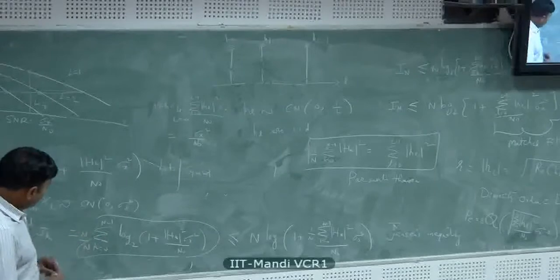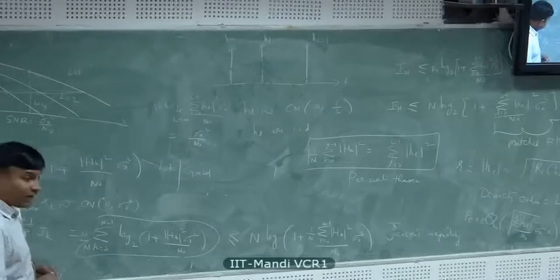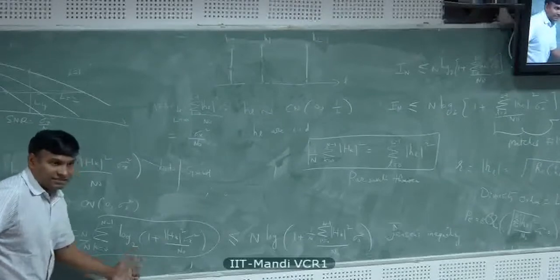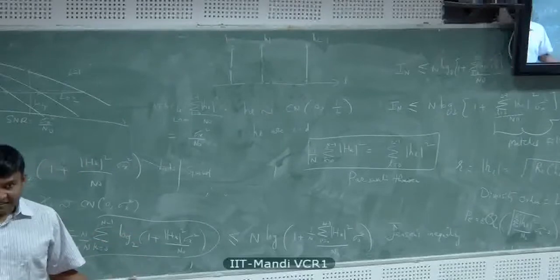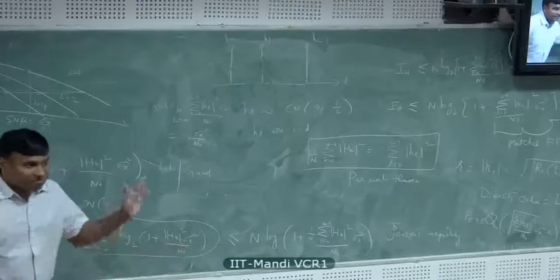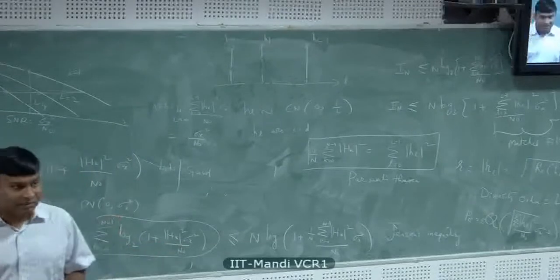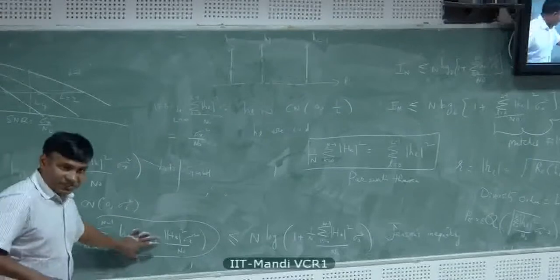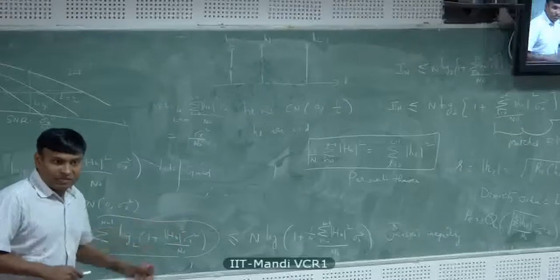Okay. In other words, if you have a capacity achieving code that gives you this much capacity, then the problem is solved. Because each tone has gone through H_k and you have comfortably benefited from multipath diversity. Okay? It's not so obvious to see it from this expression, but intuitively that's what it means.